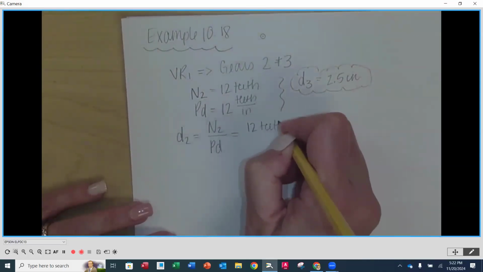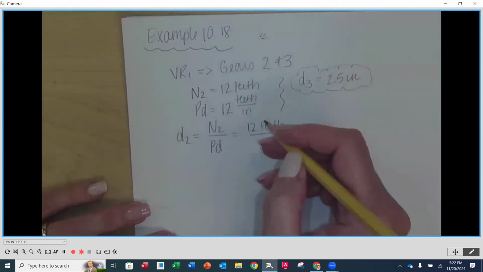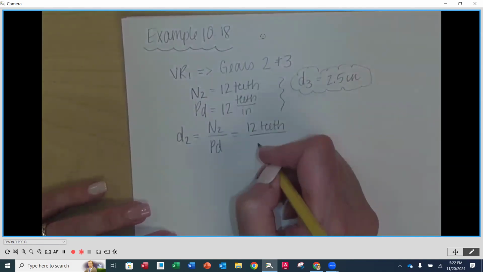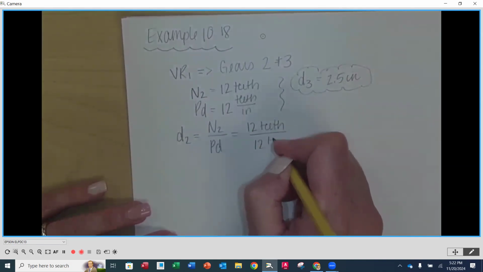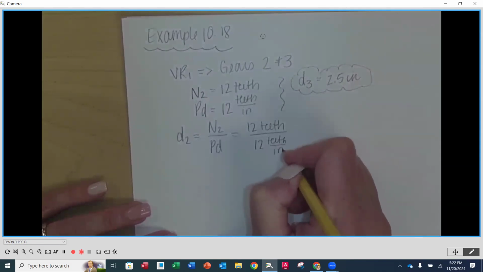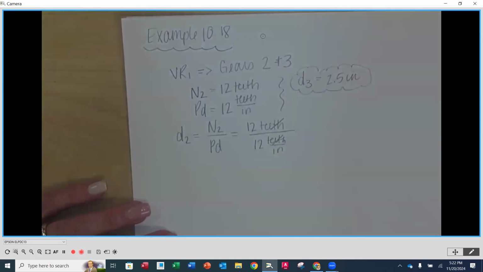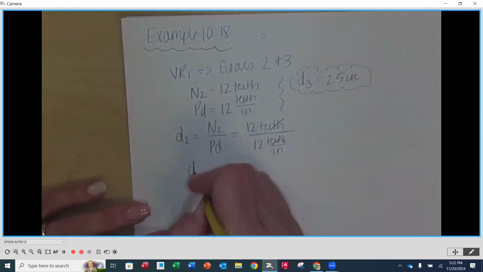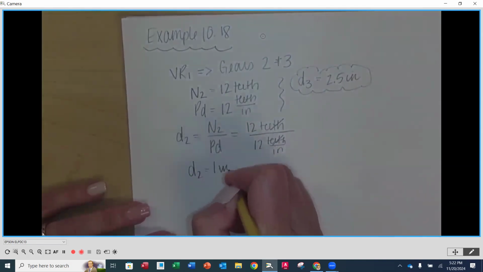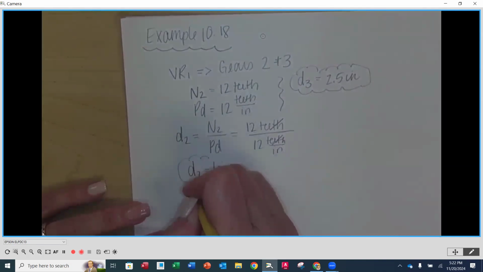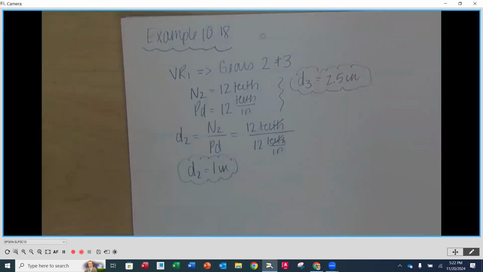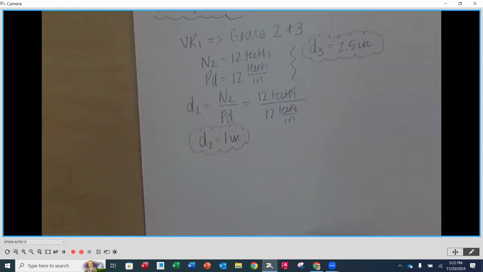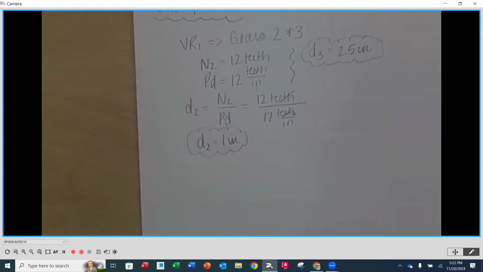So I know that there's 12 teeth in gear number 2, and the diametral pitch is going to be 12 teeth per inch. Okay, teeth cancels out. My D2 is going to be 1 inch, right? 1 inch. Okay. So that's my first set.